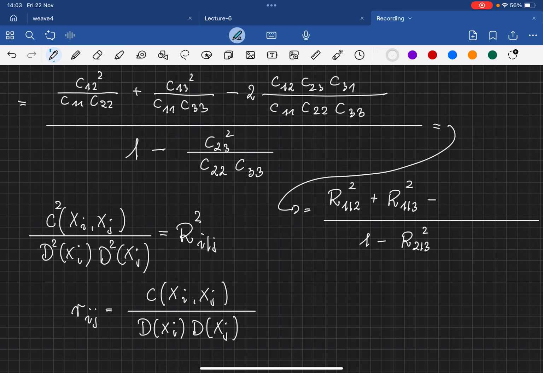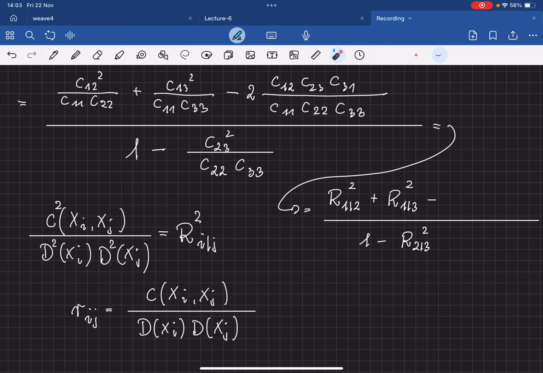Therefore, if I multiply 3 covariances together, this is almost as multiplying 3 Pearson correlation coefficients together. Then for each Pearson correlation coefficient, I have a pair of standard deviations.